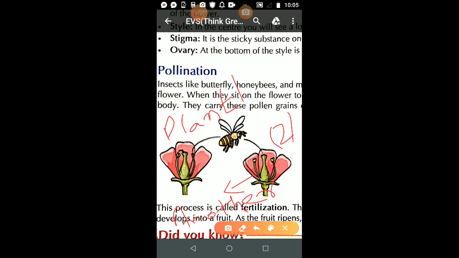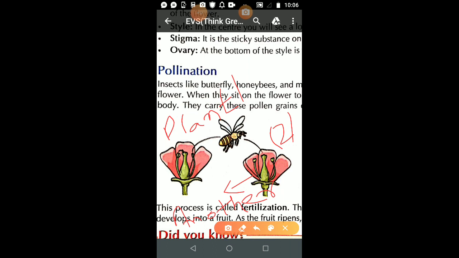The anther is part of the male reproductive part, that is the stamen, and it has two parts, anther and filament. Filament is a thread like structure which supports the anther, and pollens are inside the anther. Is it clear?